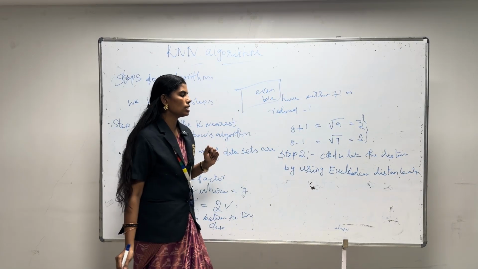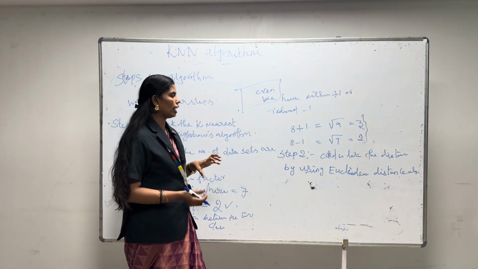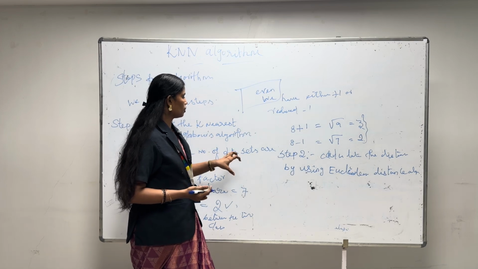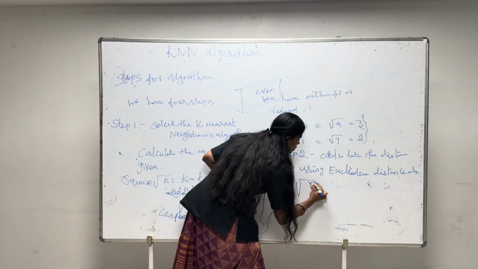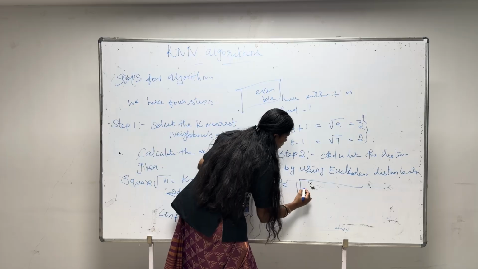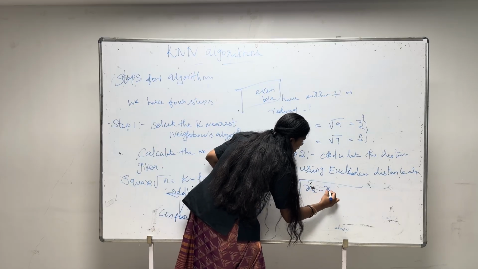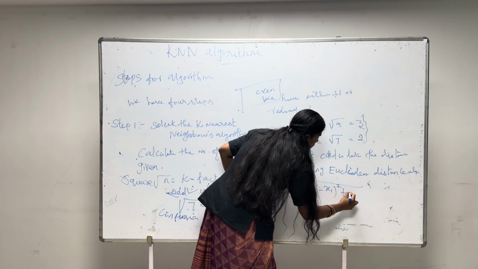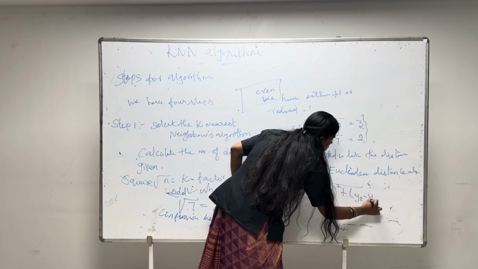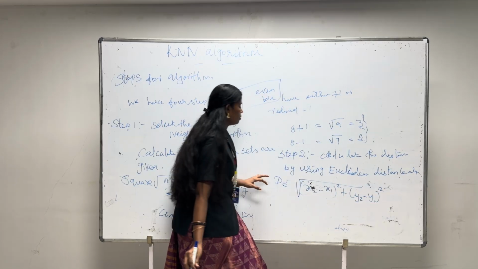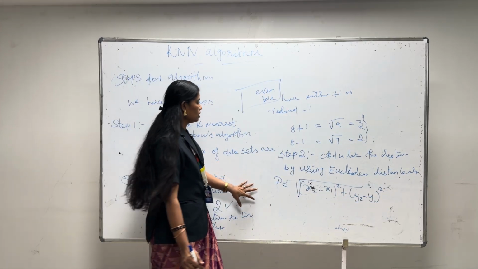The Euclidean distance algorithm is nothing but we get the values from the data sets. The formula which we are going to use is d is equal to the square root of x2 minus x1 whole square plus y2 minus y1 the whole square. This is the formula for the Euclidean distance.